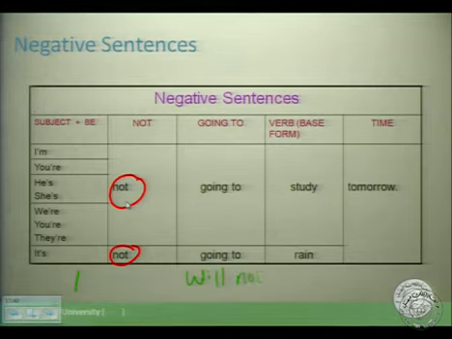Not will be placed here after will. This is the difference between will and going to. Not before going to, but here, not after. For example, I will not study tomorrow.